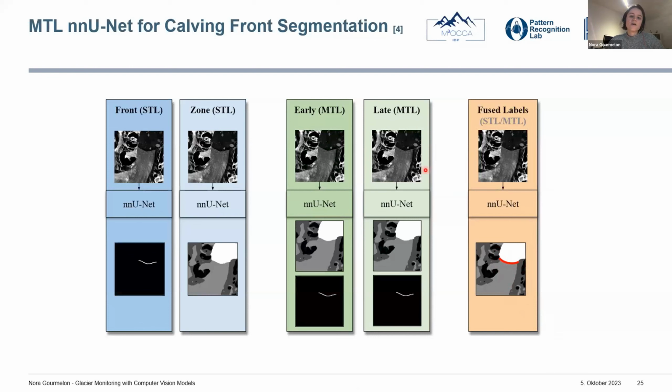And actually, all three multitask learning experiments worked significantly better than the single task versions. But within these three, there was no significant difference. But as we did not have to touch the architecture in the fused label approach, and as it also takes up less memory, we claim that this version here is the best working model, so the fused label approach.